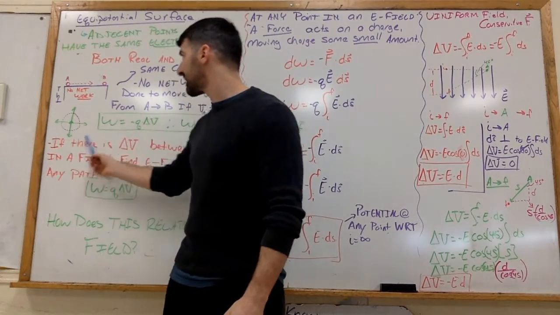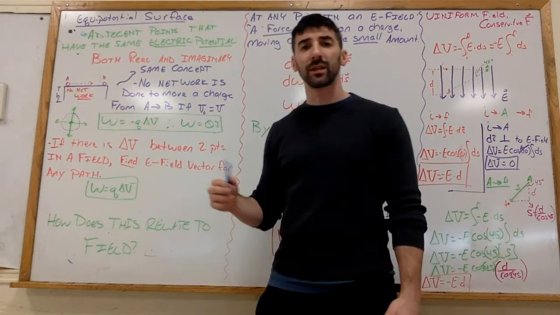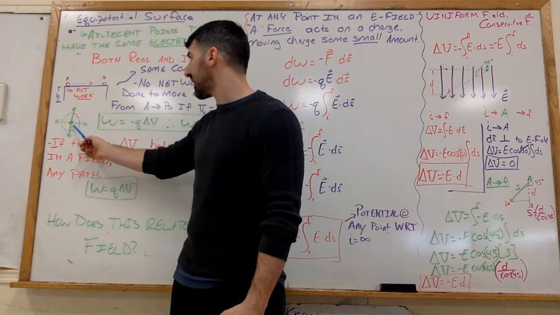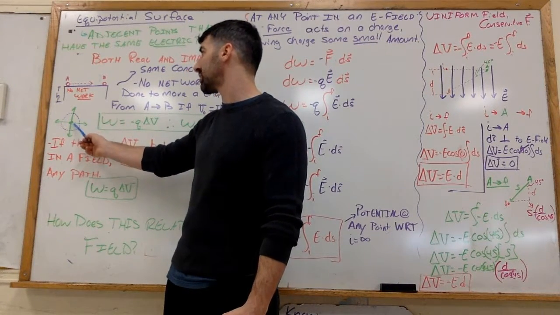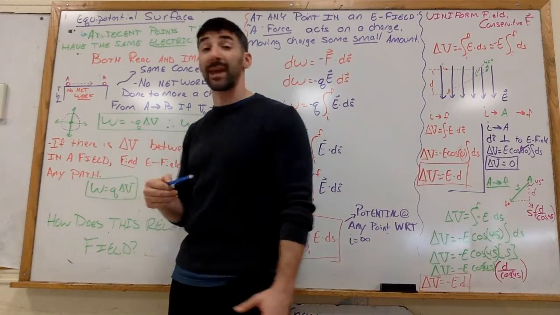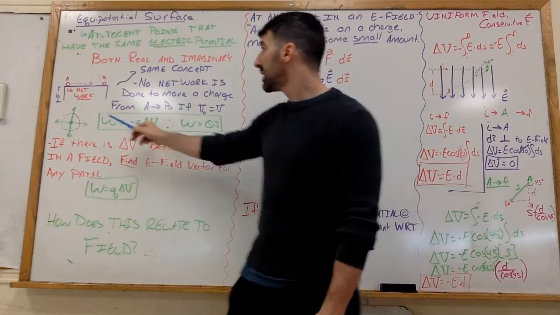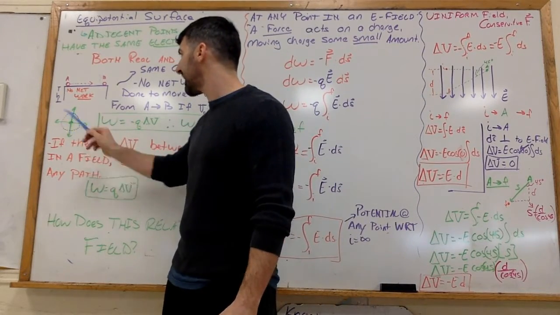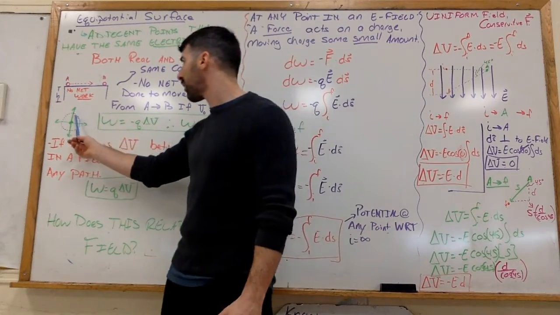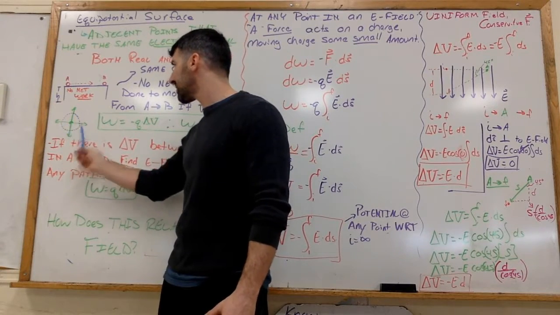Here I have a quick little example of what an equipotential line would look like. Equipotential lines, here I have a charge, and we could know that that charge is positive because my electric field lines are coming out from it. Remember, electric field is the way a positive test charge would move. And those are about the same distance away, and more importantly, they're perpendicular to those lines.